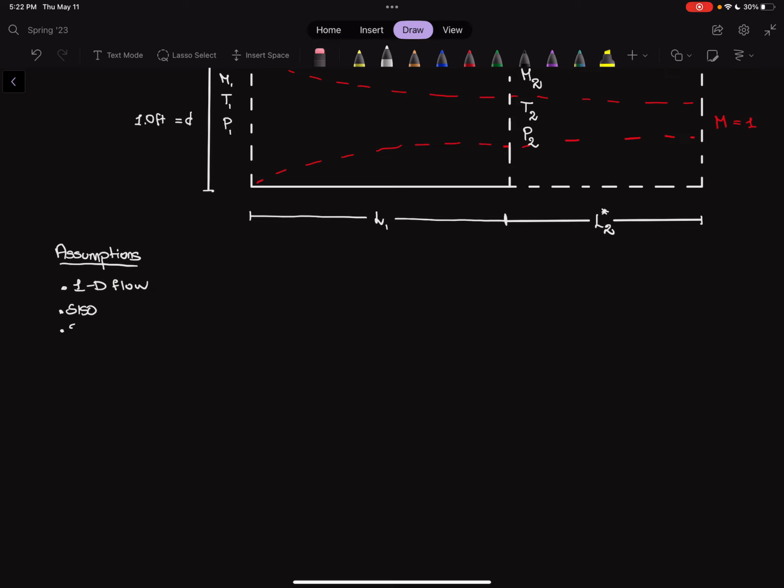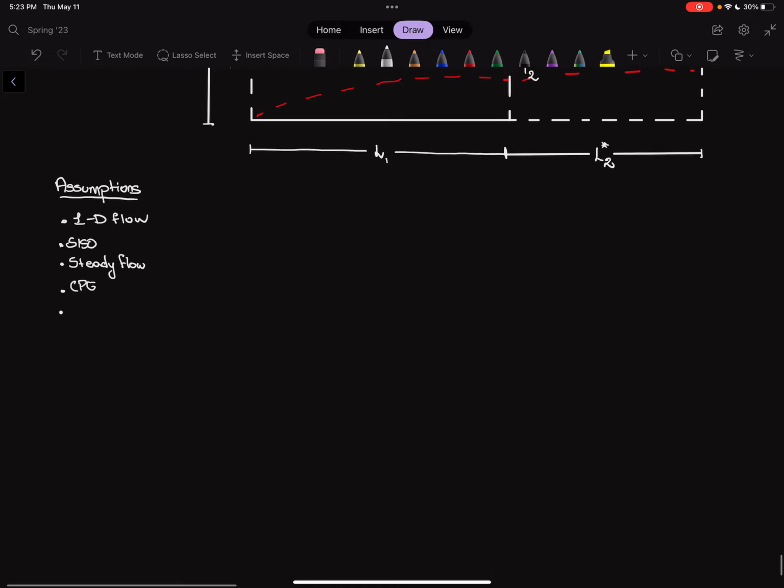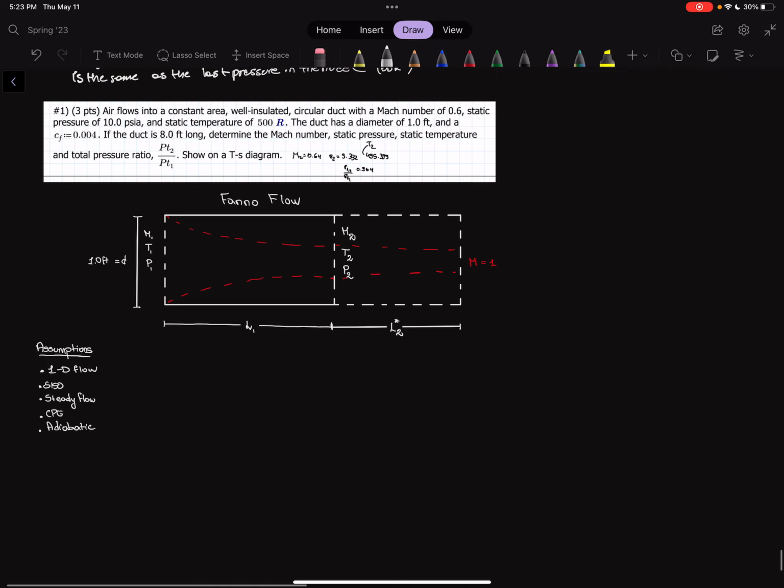We're going to assume steady flow. And we're also going to assume CPG. And we're going to assume it's adiabatic, because otherwise we'd have to combine Rayleigh and Fanno flow. So this is adiabatic.